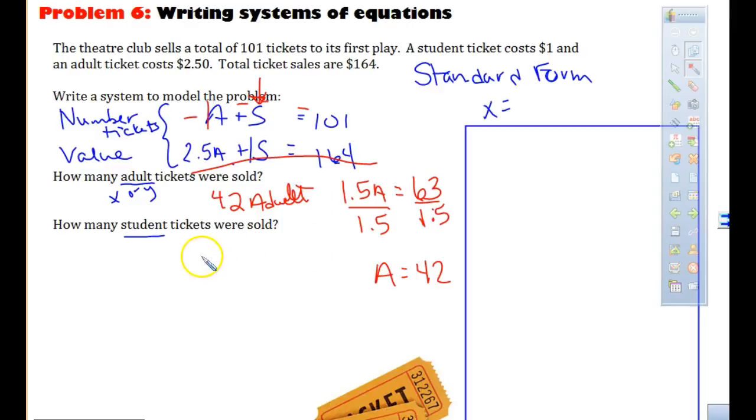How many student tickets? Has to total 101, right? So I could go 42 plus my adult has to equal 101. Subtract 42, the student ticket should be, yes, 59.